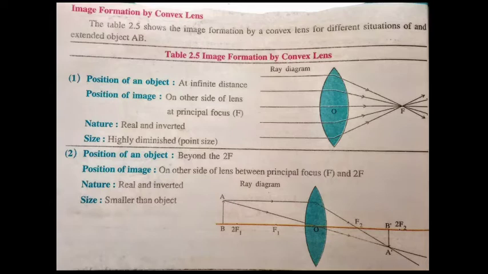In the ray diagram, we take a minimum of two rays coming from A and incident on the lens, and after refraction they meet at the point A dash. The other ray coming from point B meets at point B dash after refraction. So, we get the image A dash B dash, which is real, inverted and smaller than the object.